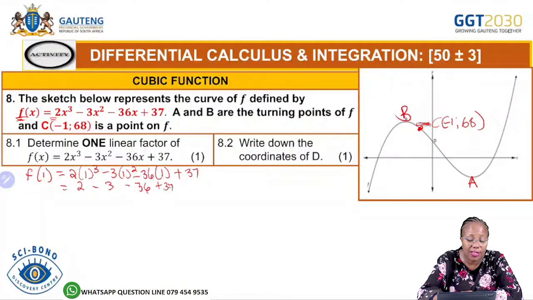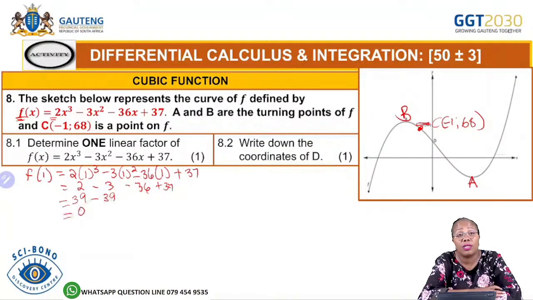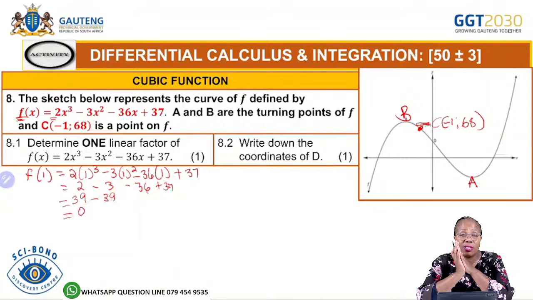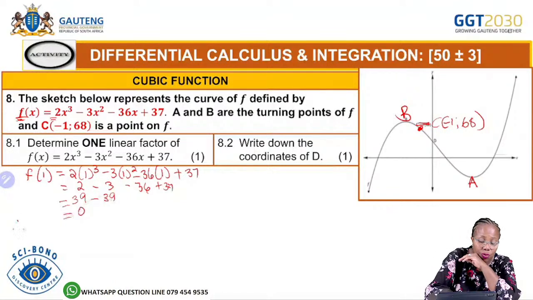Can you see that 37 plus 2 is 39, minus 36 minus 3 is minus 39. So the answer is 0 there. If you substitute a number and it gives you a 0, you must know that number is a linear factor. Therefore, we can conclude that since we substituted x equals 1, this will be x minus 1. So if we take it back to the side, it will be x minus 1. x minus 1 is a factor.